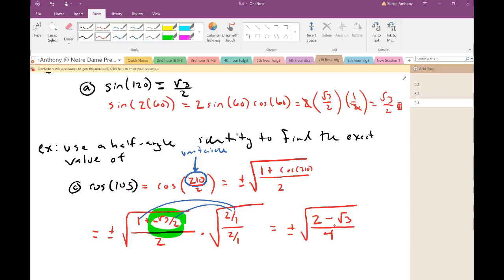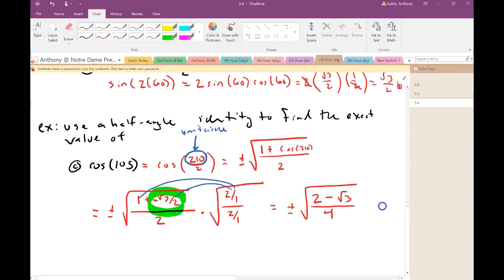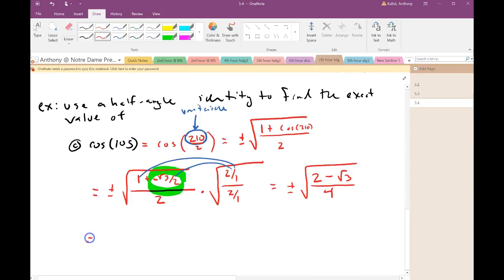So far, so good. There's a little bit of simplifying I can do to that. Does anybody notice what I can do? I can think about this as the square root of the top over the square root of the bottom. And the square root of the bottom is 2.